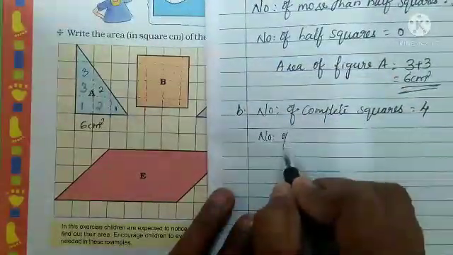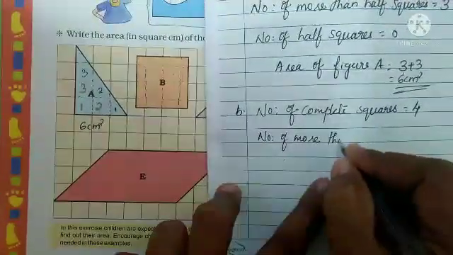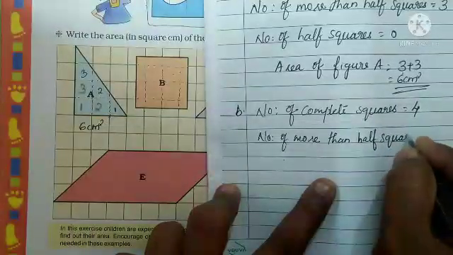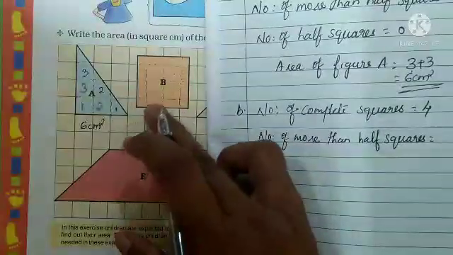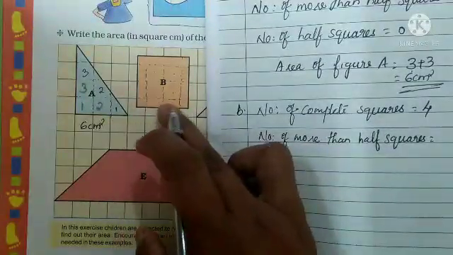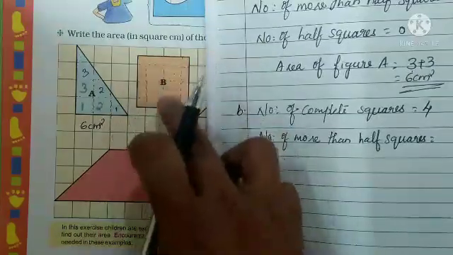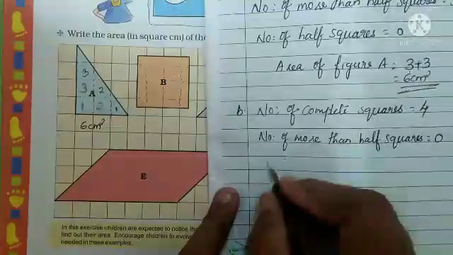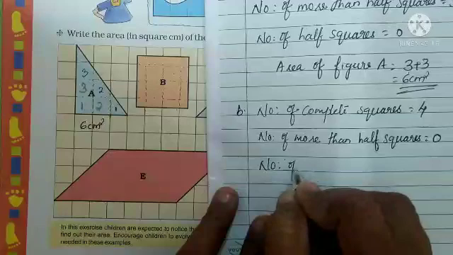The number of more than half squares. How many? Is there any more than half square? It is half, but it is less than half. So there are no squares more than half, so we have to put 0 here. And next we write the number of half squares.